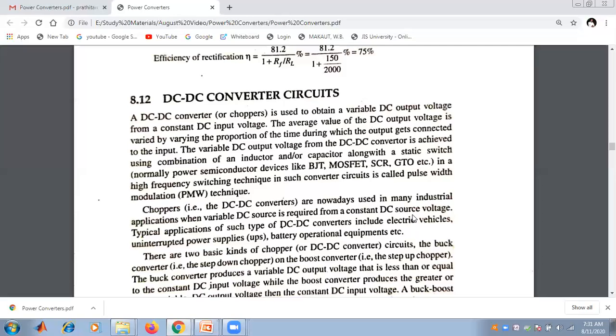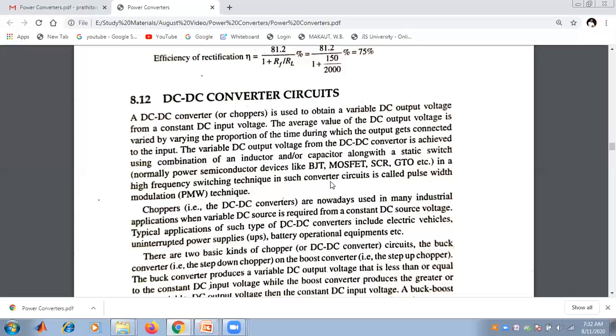The average value of the DC output voltage is varied by varying the proportion of the time during which the output gets connected to the input.